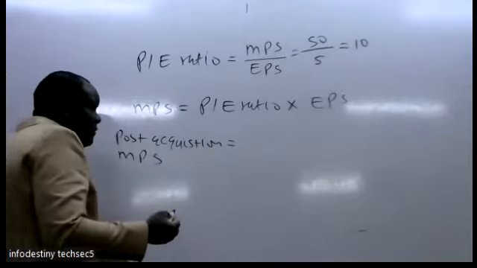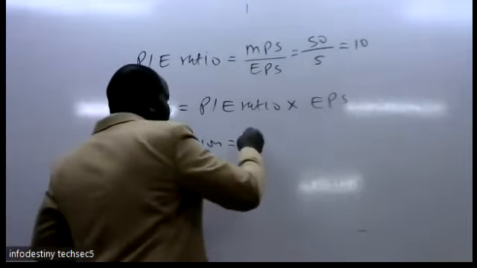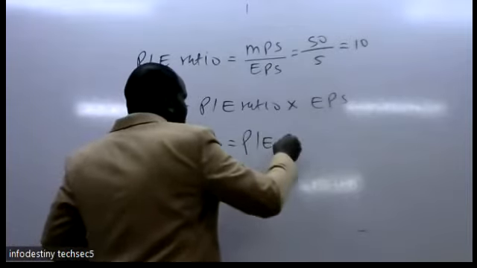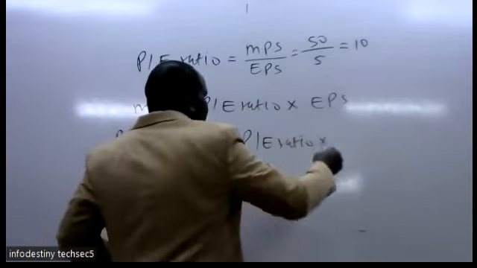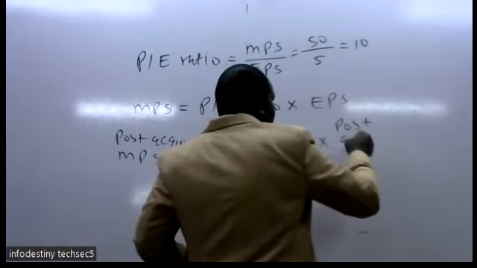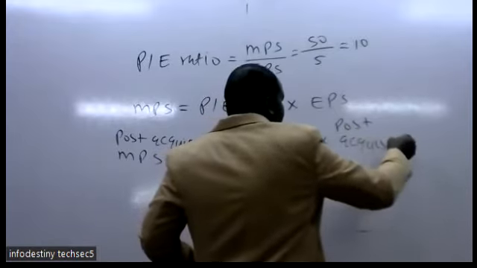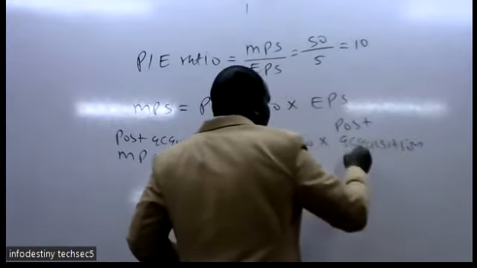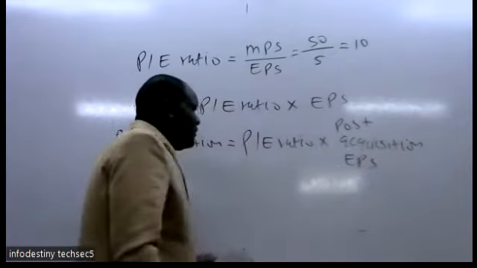It will be given by the price earning ratio multiplied by earning per share.